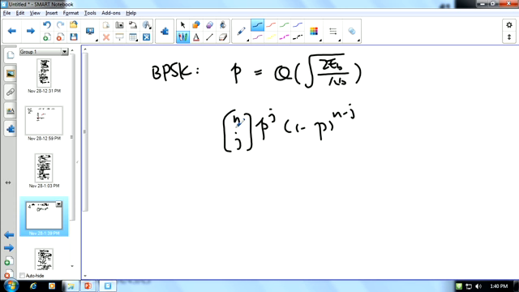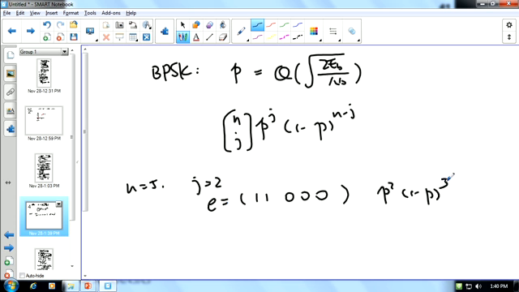In the meantime, we need to consider n choose j, because it could be, for example, if n equals 5 and j equals 2, we could have the first 2 bits in error, and the probability that this sequence will happen is, so this is our error vector, right? So the probability of this error vector is p squared (1 minus p) cubed. We could also have the error vector look like this.